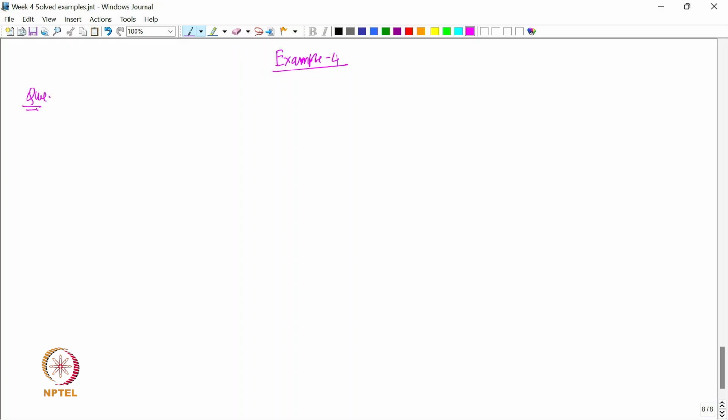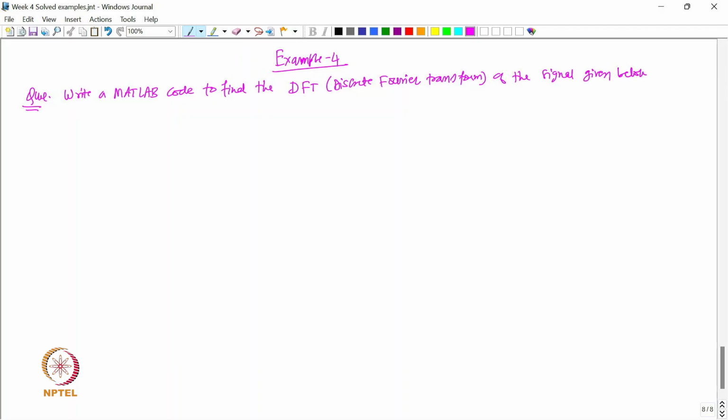Question: write a MATLAB code to find the DFT, that is the discrete Fourier transform, of the signal given below.